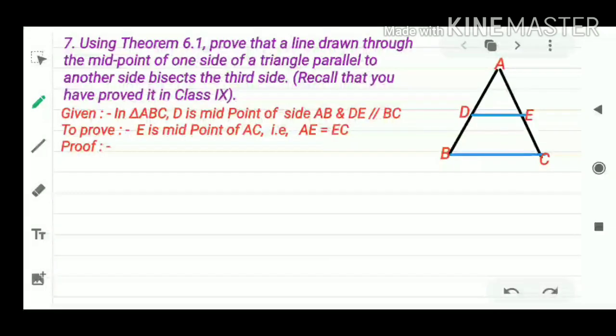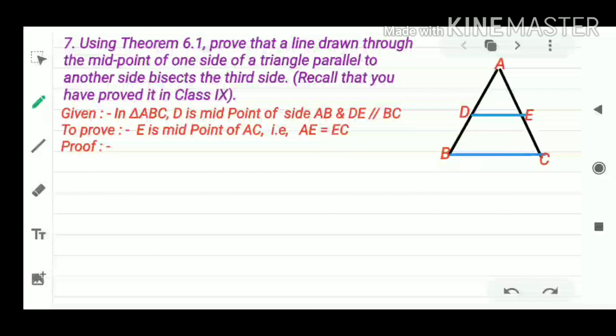Write the question number 7. Using theorem 6.1, means Thales theorem, prove that a line drawn through the midpoint of one side of a triangle parallel to another side bisects the third side. Recall that you have proved it in class 9. We have proved it as the converse of midpoint theorem in class 9, but now we have to prove that by using Thales theorem.